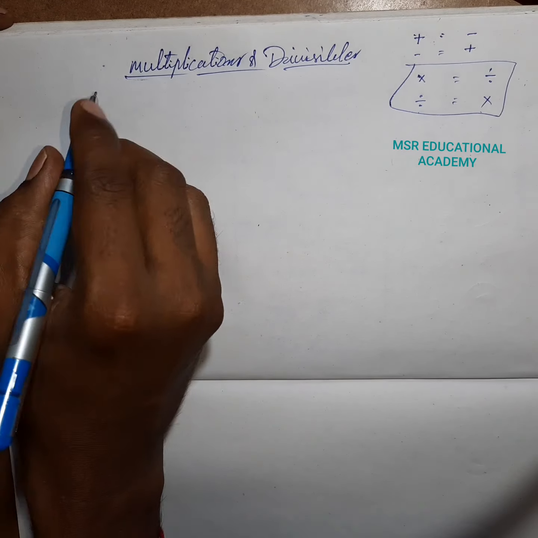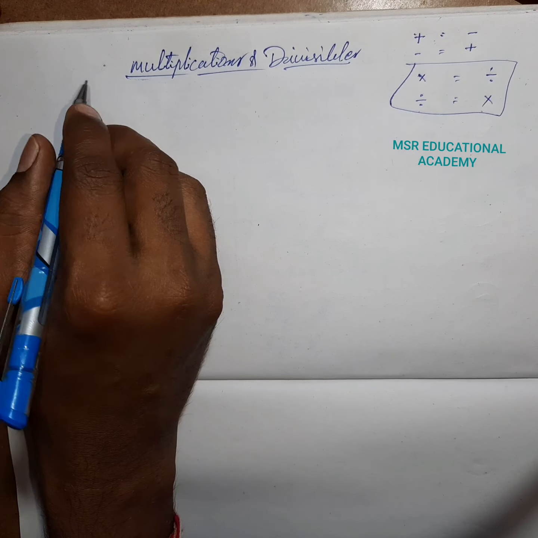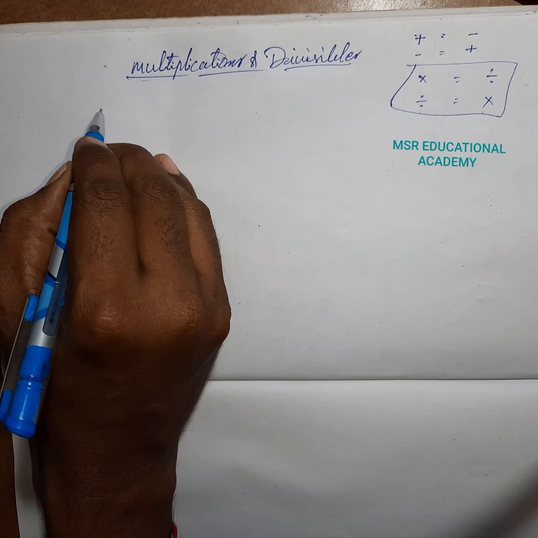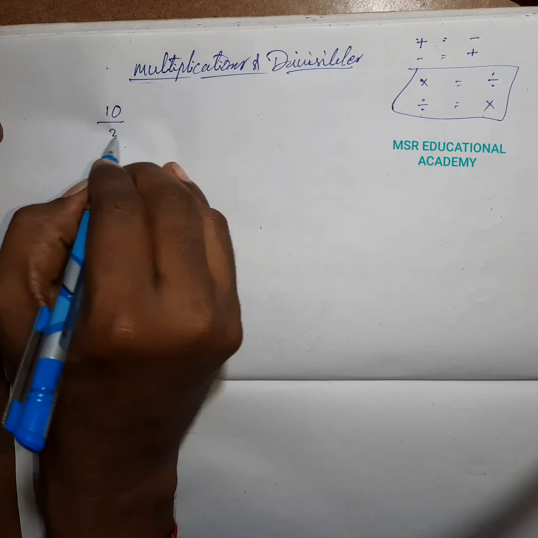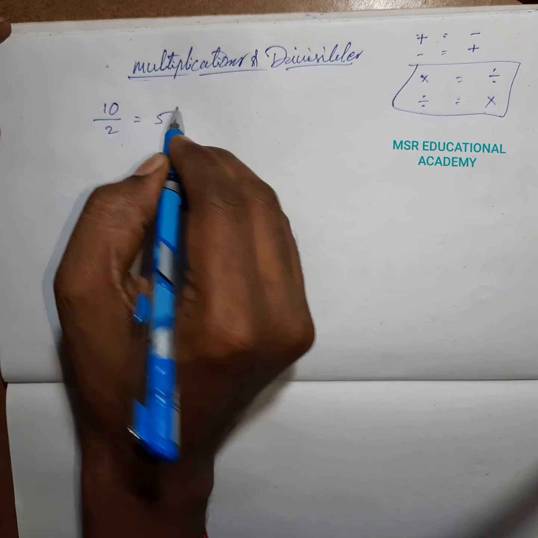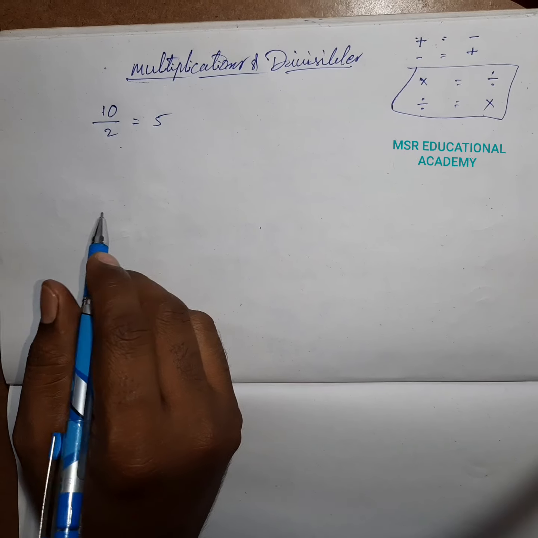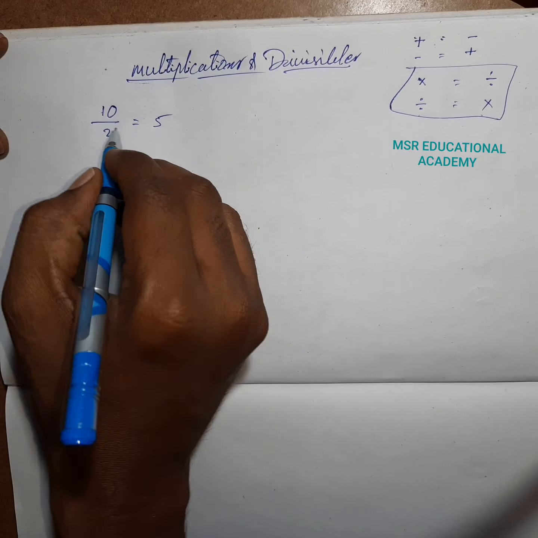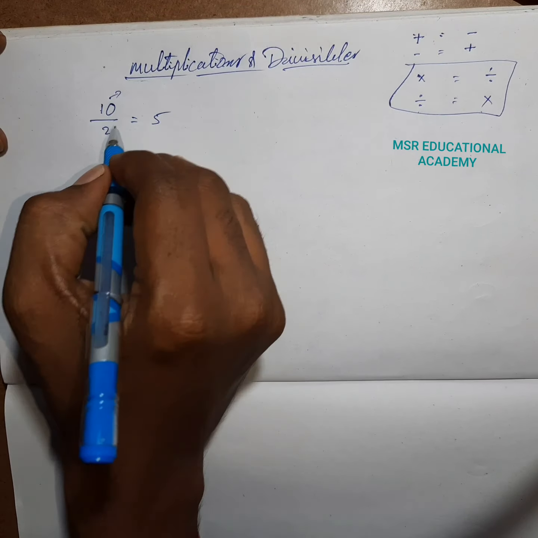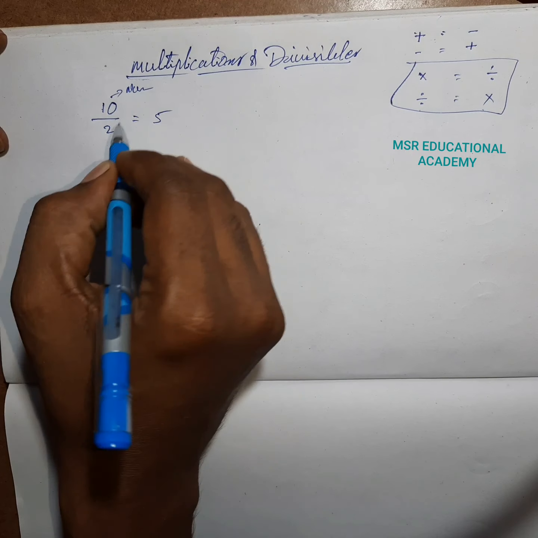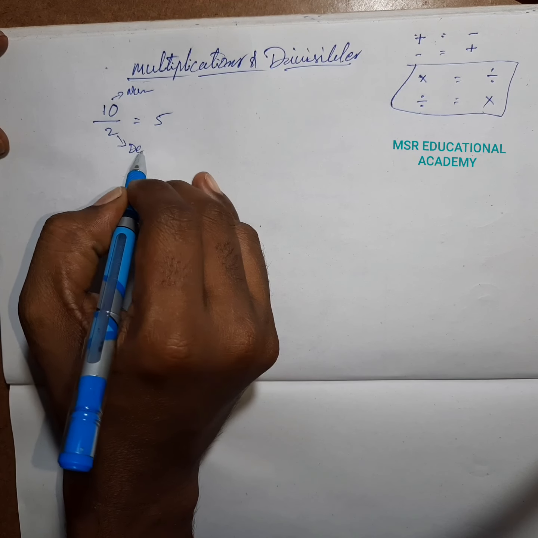First, we can see one simple example: 10 by 2 which is equal to 5. 10 by 2 which is equal to 5. This is the numerator and this is the denominator.